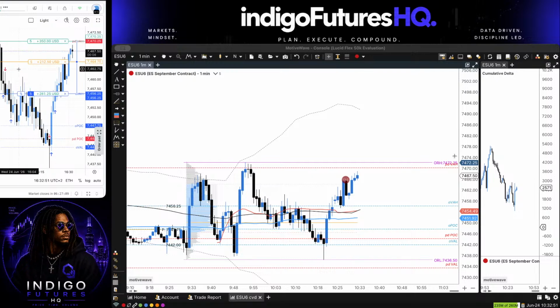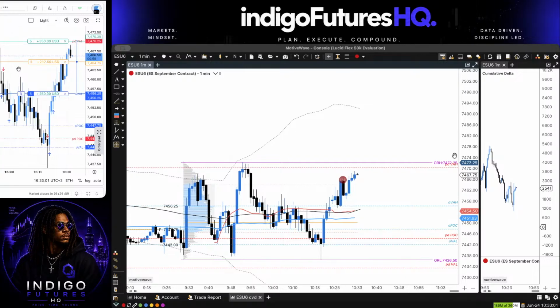If we actually just hit LTP, that would be great. But that's initial balance actually set, so I mean, could get stopped out here. Looks like it. Alright, cool.